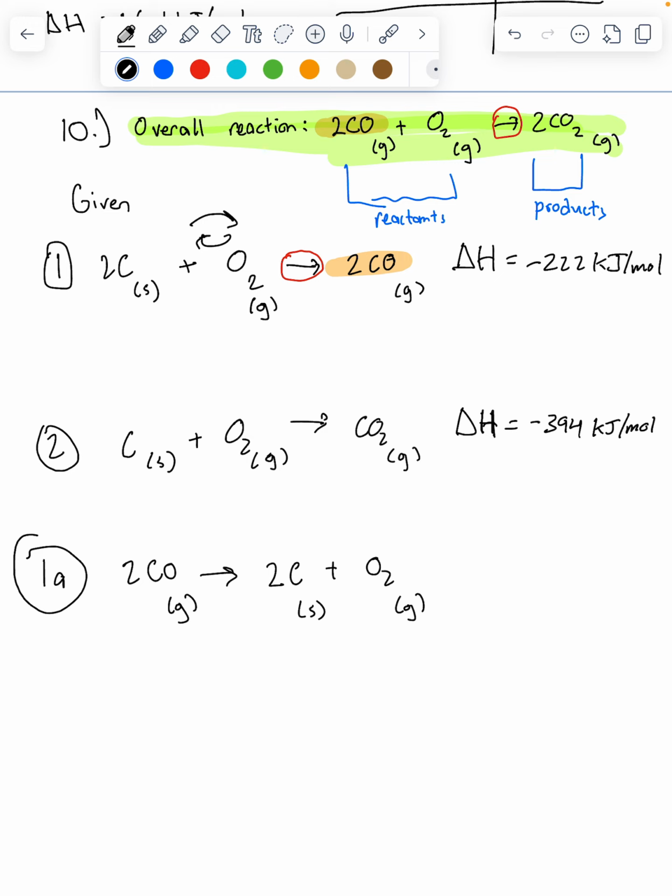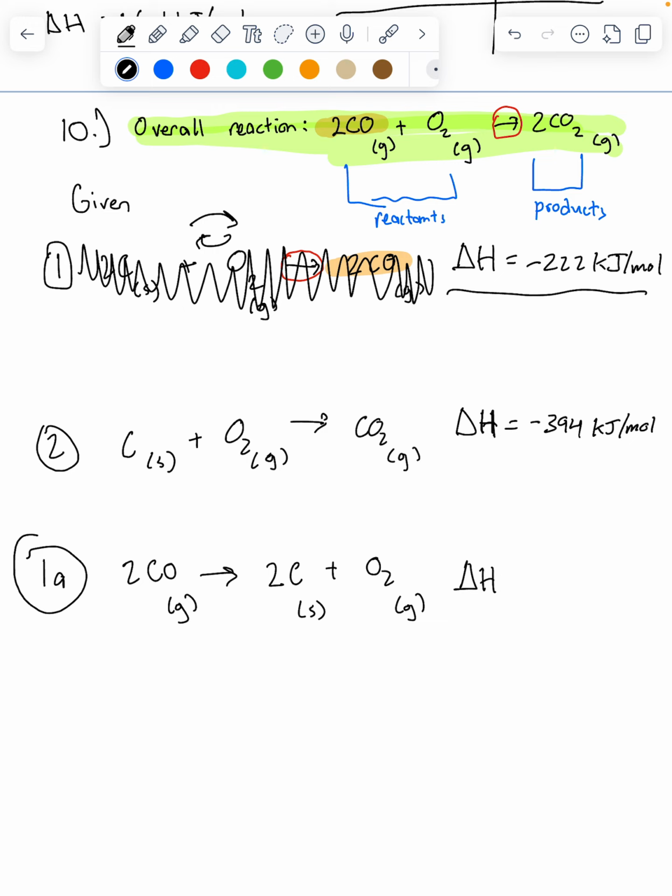Now, since we flipped, I guess we can cross this off now. Since we flipped it, we've got to change our H value. We've got to flip our H value from negative 222, giving it a positive 222 kilojoules per mole. All right, so we've lined up our two COs.